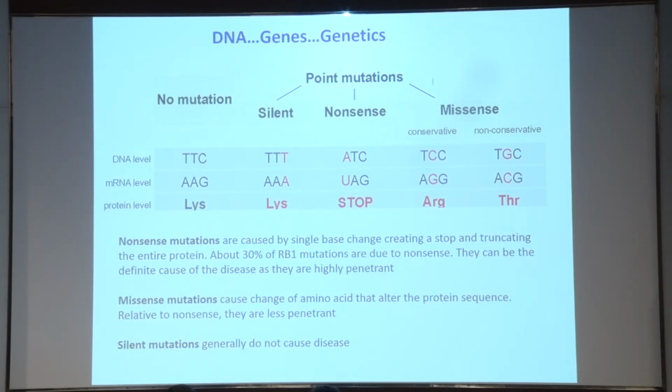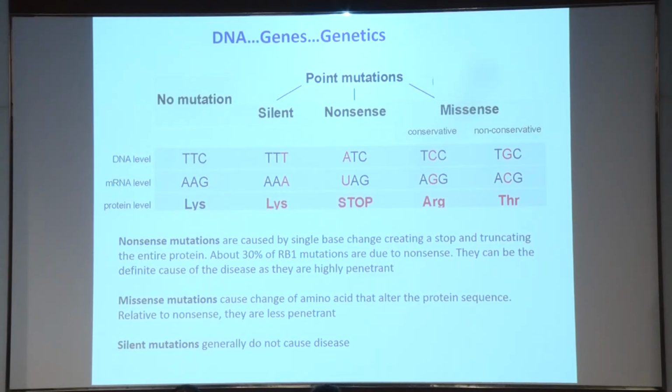You must remember that about 30% of retinoblastoma mutations are nonsense. They can be the definite cause for the disease. Just one single change can result in stopping or truncating a protein, which could result in 30% of the retinoblastoma hereditary cases.